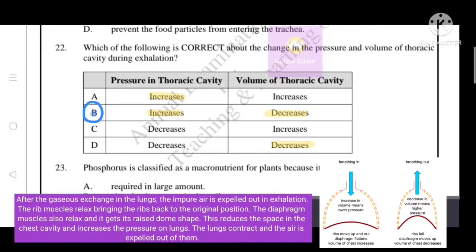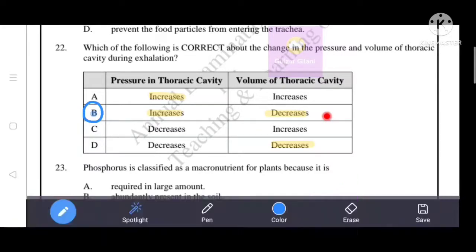This reduces the space in the chest cavity, that is thoracic cavity, and increases the pressure on lungs. The lungs contract and the air is expelled out of them. That's why, of the given options, the correct answer is option B, that is pressure in thoracic cavity increases, volume of thoracic cavity decreases. Means option B is the correct answer.